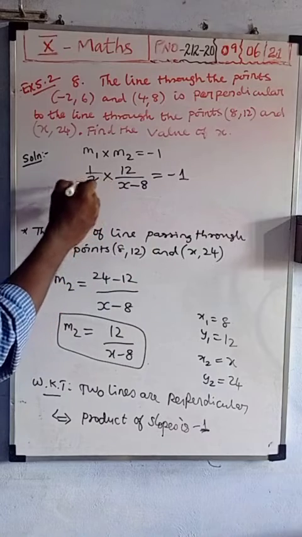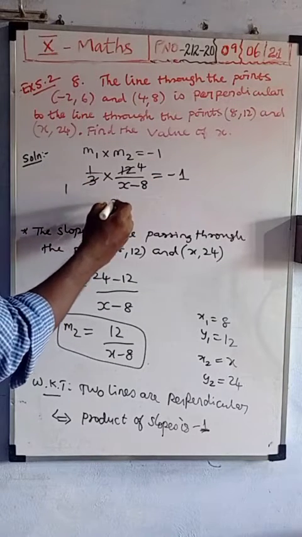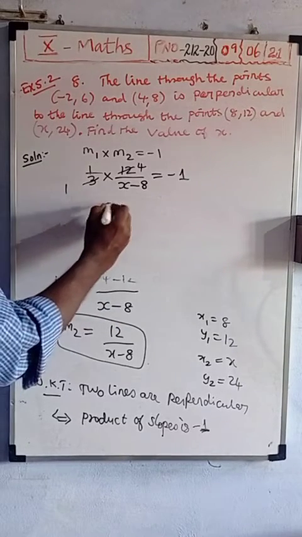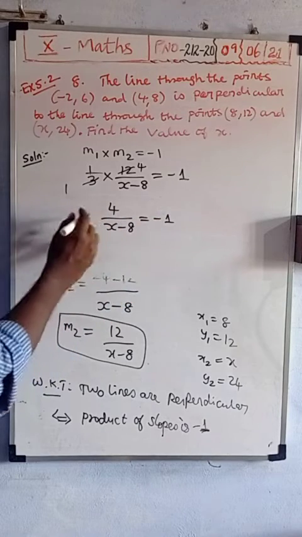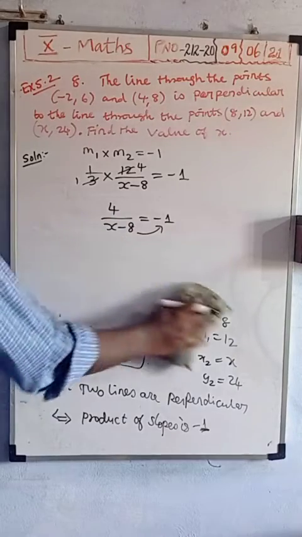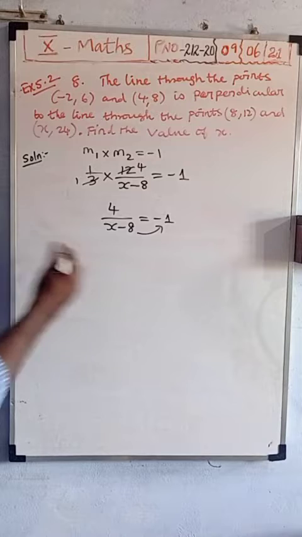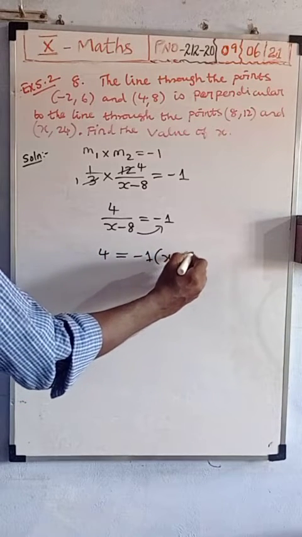Now 3 ones are 3, 4 threes are 12, so the left side becomes 4 divided by x minus 8, which is equal to -1. Doing cross multiplication, 4 is equal to -1 times (x minus 8).